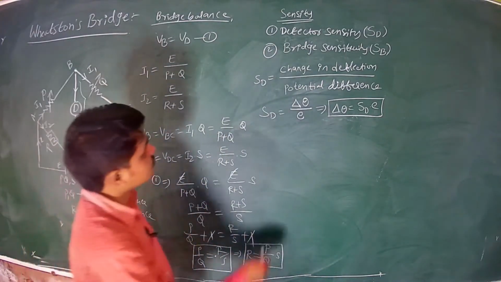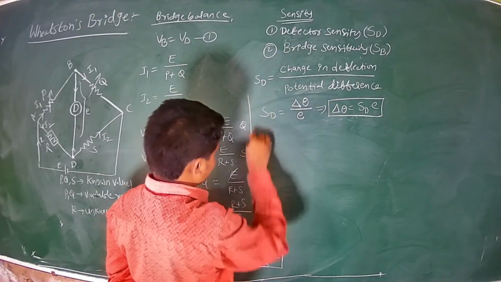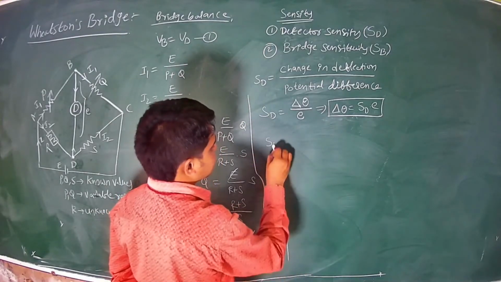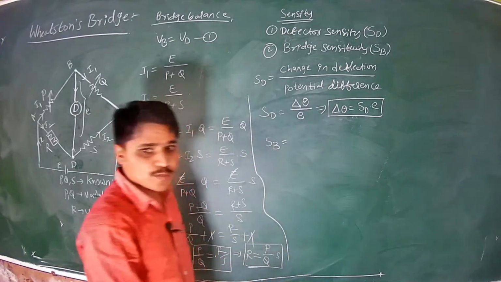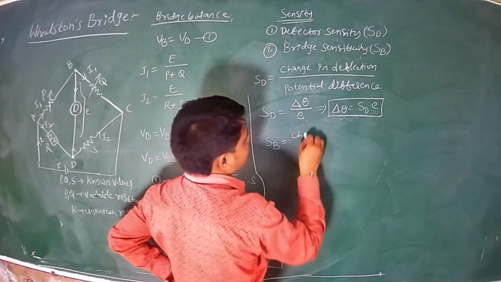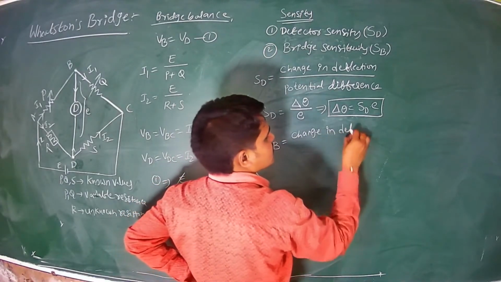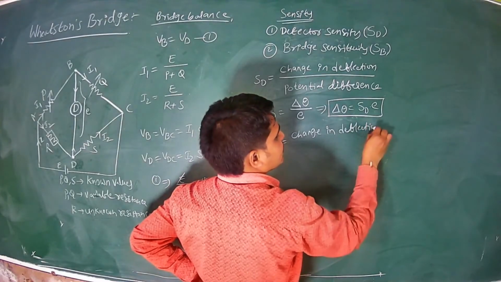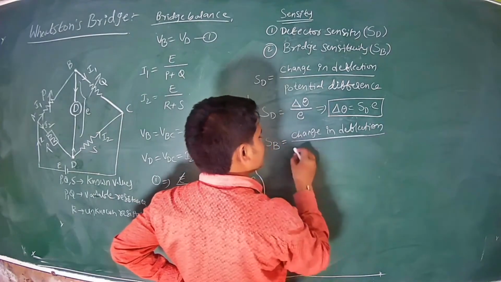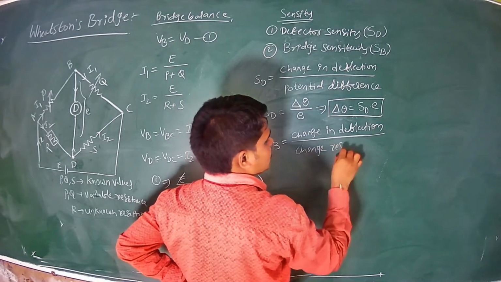Next, coming to the bridge sensitivity, let us take SB. Bridge sensitivity SB is nothing but the change in deflection by the change in resistance to be measured.